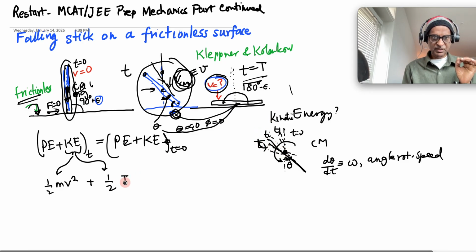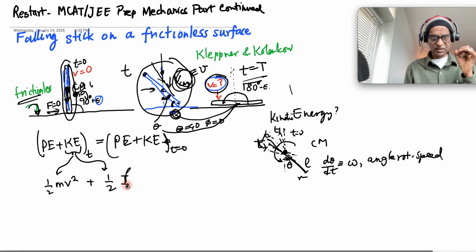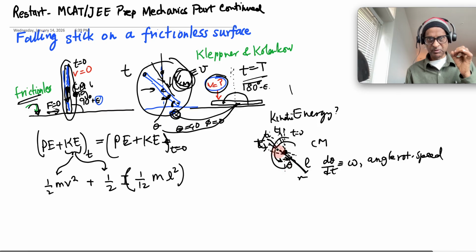For a stick of length L and mass m, this is 1/12 m L squared. That's the moment of inertia about this axis.